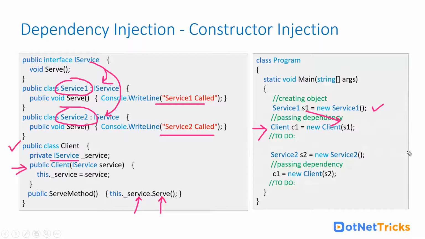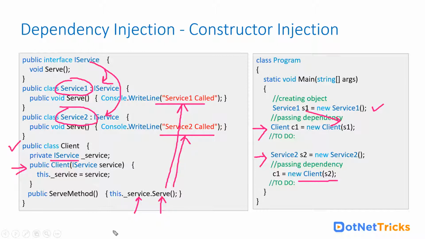When we pass the service 1 dependency, it starts calling the service 1 class method. But if you want to change the dependency, then create the service 2 class object and reinitialize the object. When you reinitialize the object, you start using the service 2 class dependency.